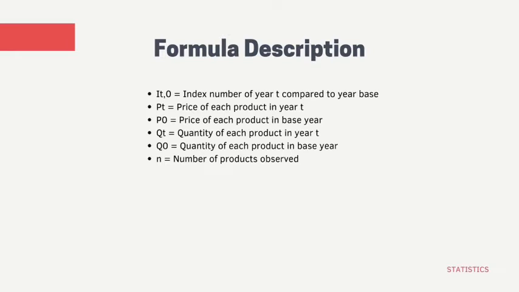And the third is P sub 0 is equal to the price of each product in the base year. And the fourth is Q sub t equals the quantity of each product in year t. And fifth is Q sub 0 equals the quantity of each product in the base year. And last is n equals the number of products observed.